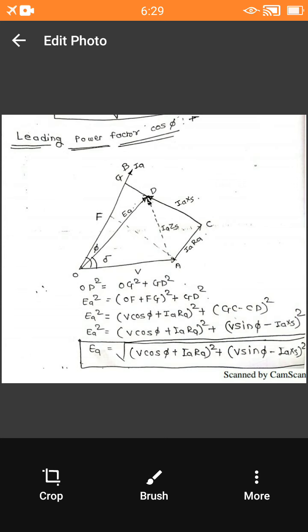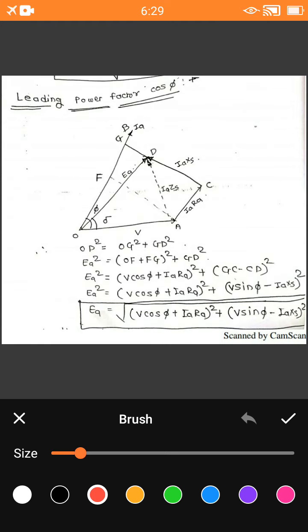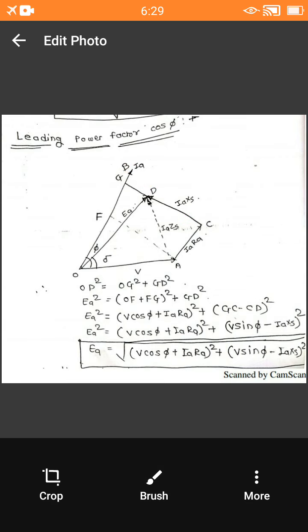So for the sake of understanding, to find out the value of GD, we want to subtract, that is GC minus CD. So total GC minus CD will give you the value of GD. So substituting this value into that equation, we'll get the value, that is V cos phi plus IaRa square plus V sin phi minus IaXs bracket square.